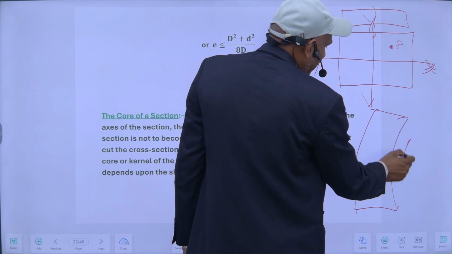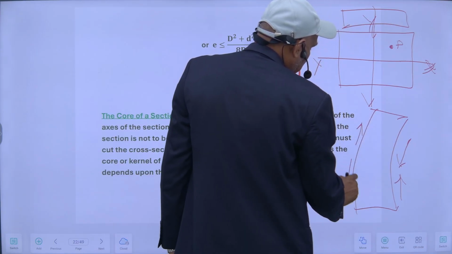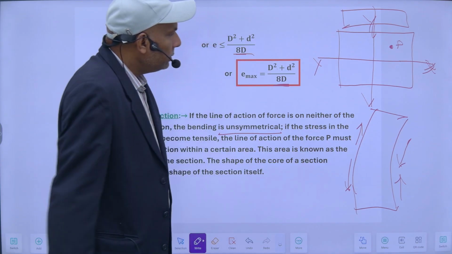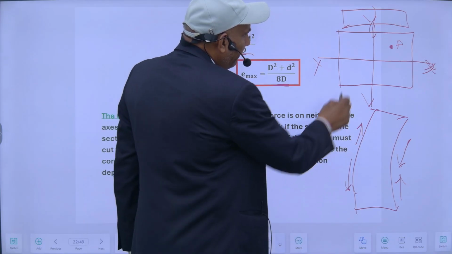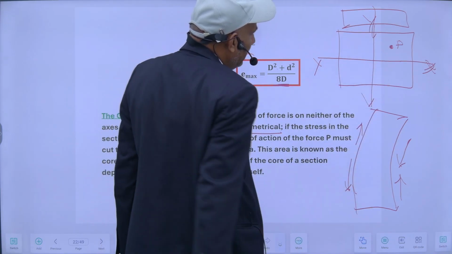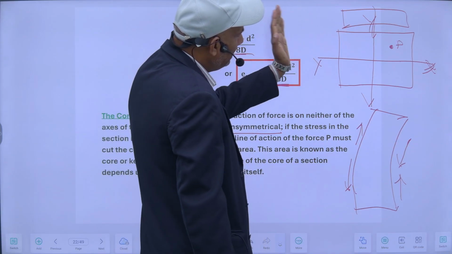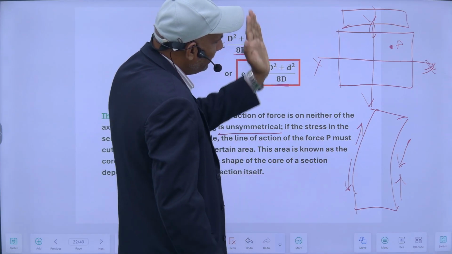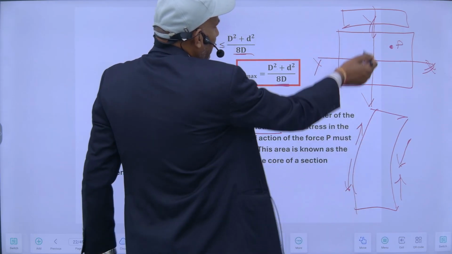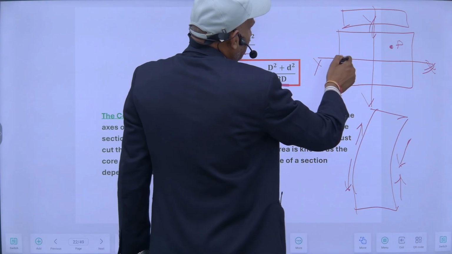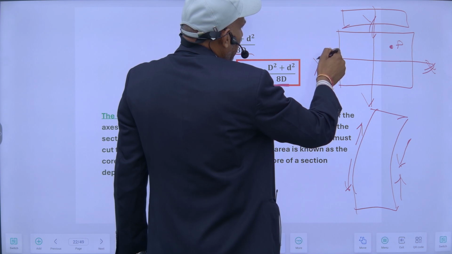It will be compressive here and tensile here. If I consider the effect of this along this axis, it will be opposite. So it will be like this. So this is my section vertically. Along this axis, it will bend like this. So there will be compression.